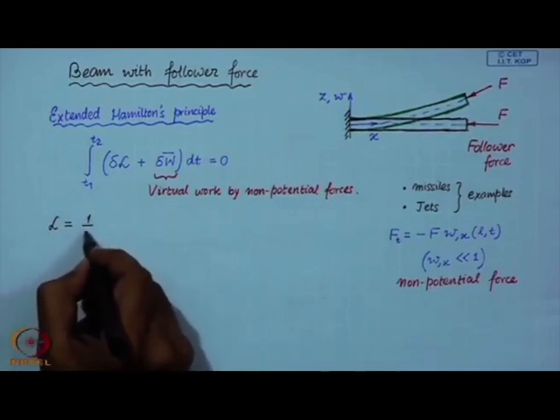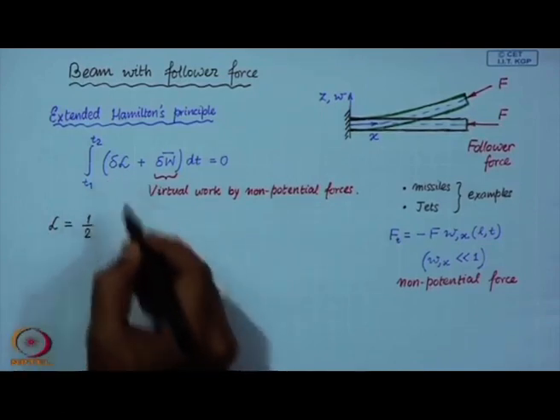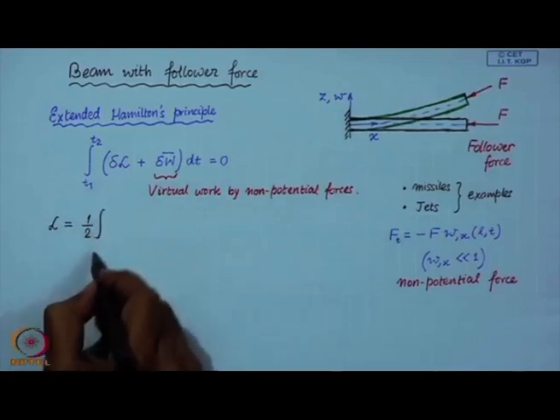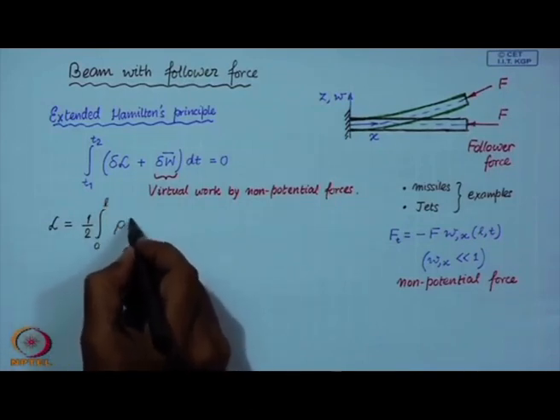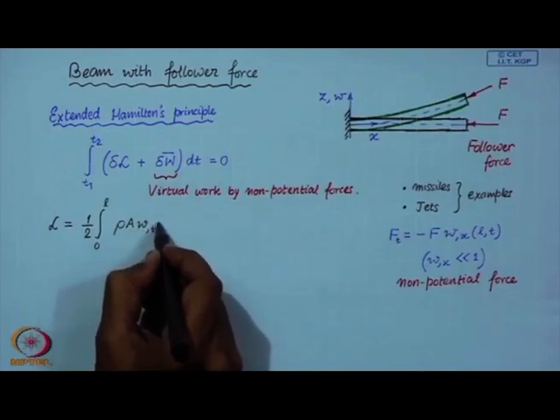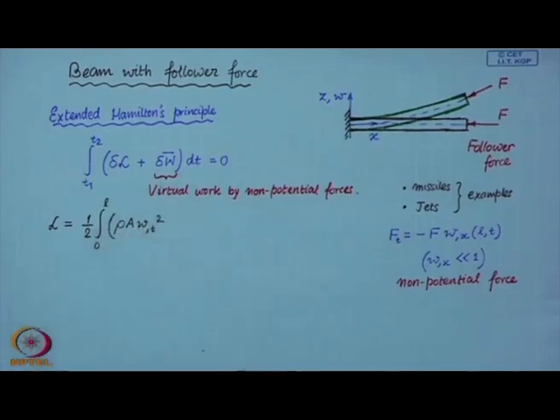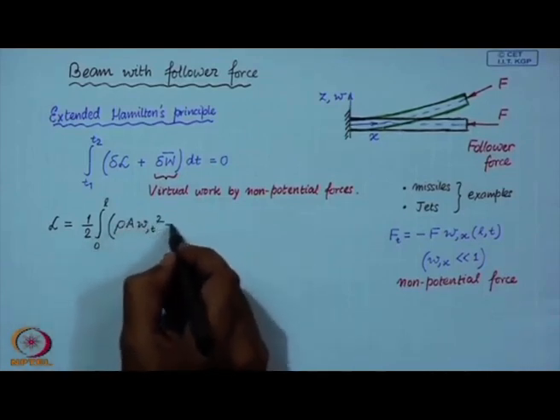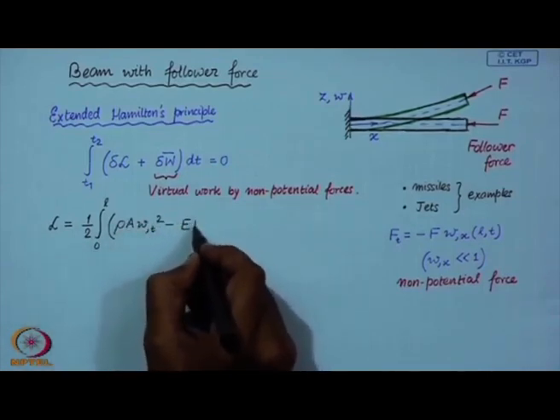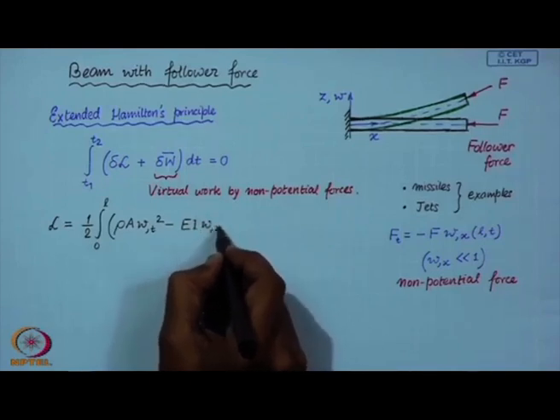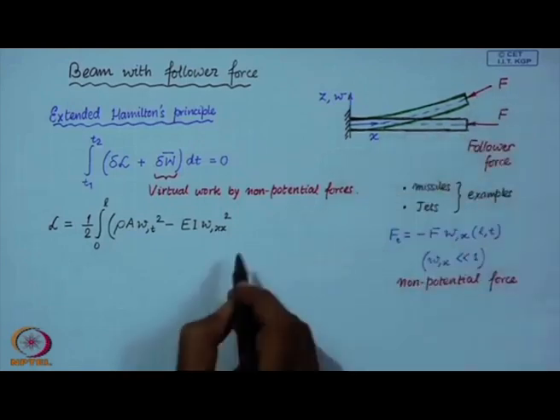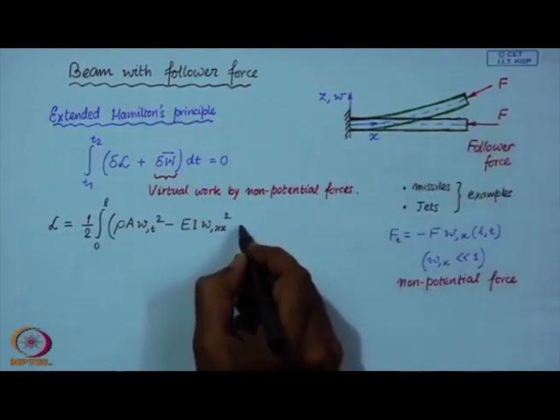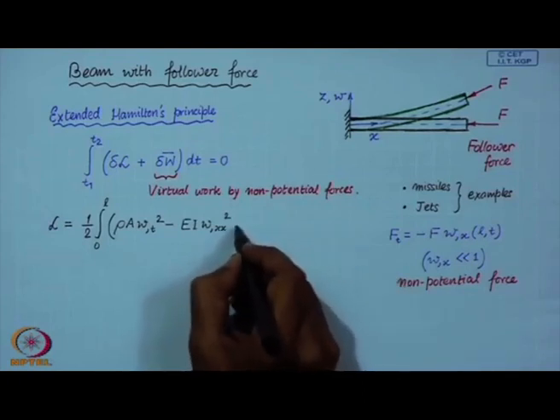So, this is 1/2. We have the kinetic minus potential energies. That comes from the kinetic energy of a beam element minus the potential energy due to flexure, and then there is a potential energy because of this axial force, because of axial straining.